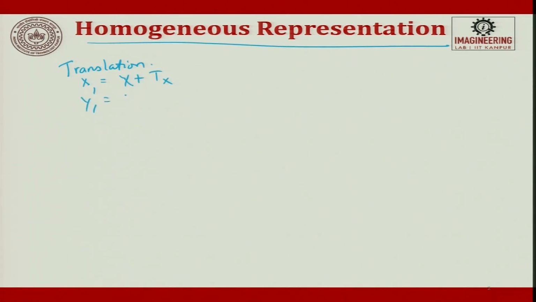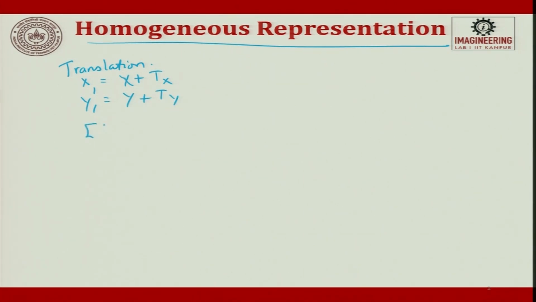So let us look into the homogeneous matrix representation, of whatever we have studied till now on various operations like translation. Translation is nothing but x1 is x plus tx, y1 is y plus ty.